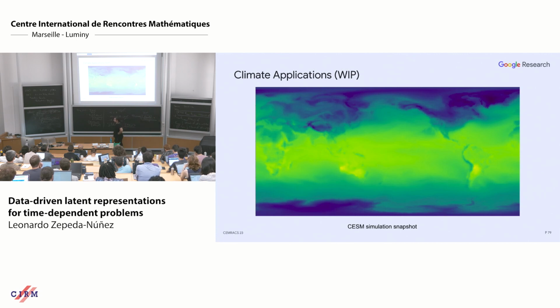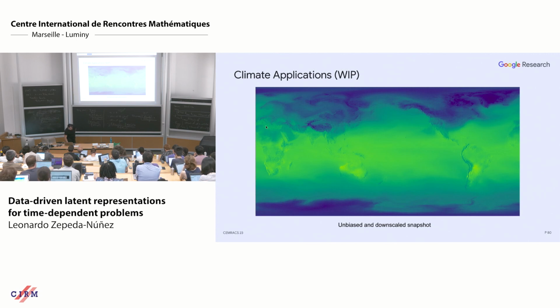But using this technique, this is work in progress, it's still not great, you can add all these extra details to the image. Okay, you cannot see that much actually. Well, anyway, it's supposed to be much better. Here you see the Red Sea. You see a little bit, Italy is there.